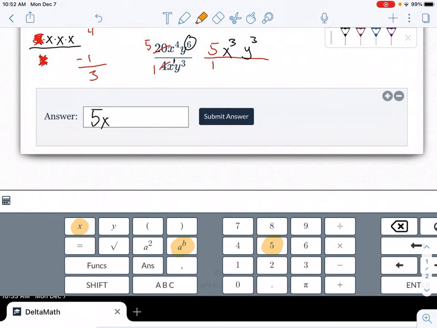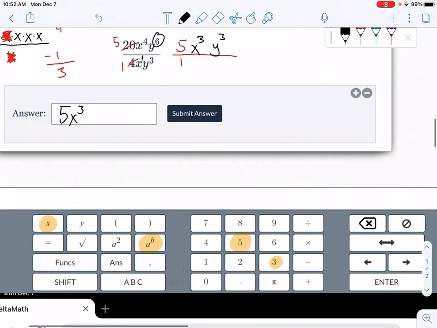That's going to make an exponent. So that moves my cursor up top here for my exponent. And then, that's a cursor, not a 1. And then I'm going to hit 3. And then I have to hit the right arrow button. Remember, I've got to bring my cursor down.